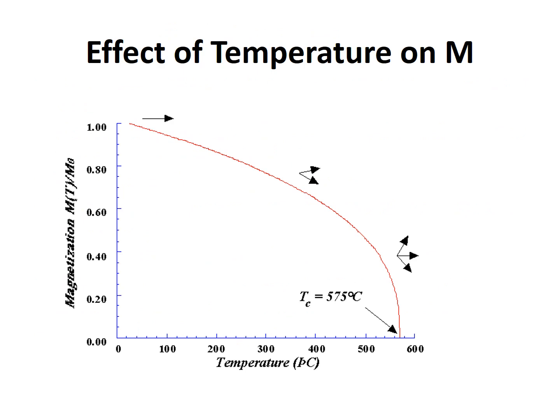Here, as I told you in the previous slide, the effect of temperature on magnetization of paramagnetic materials as well as ferromagnetic materials: both of the materials lose their magnetization, or we can say the magnetization of these materials has an inverse relation with the temperature.